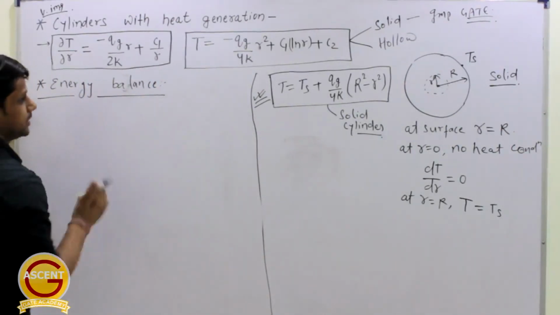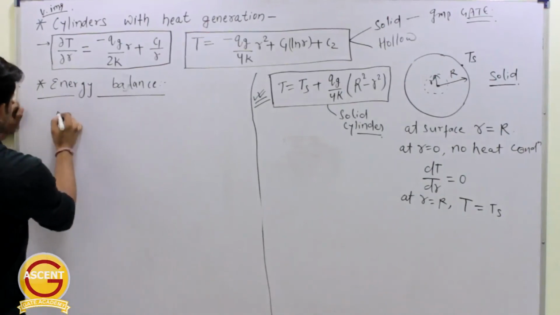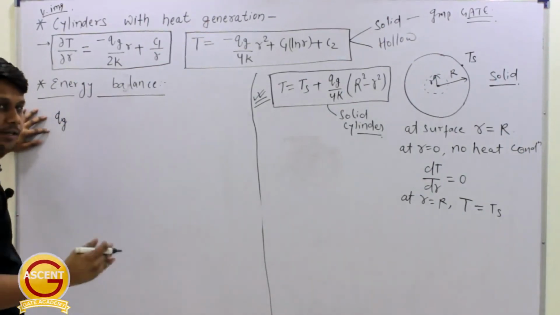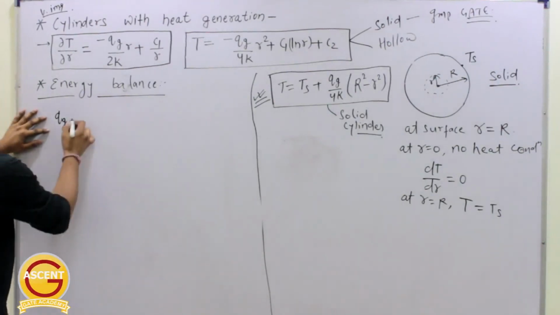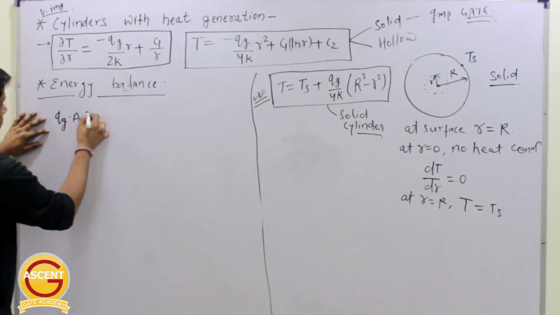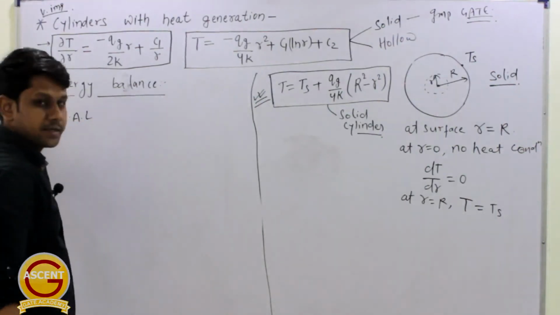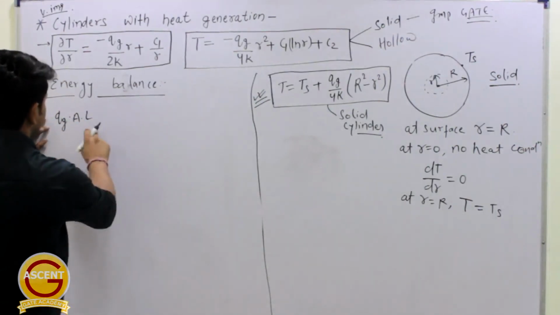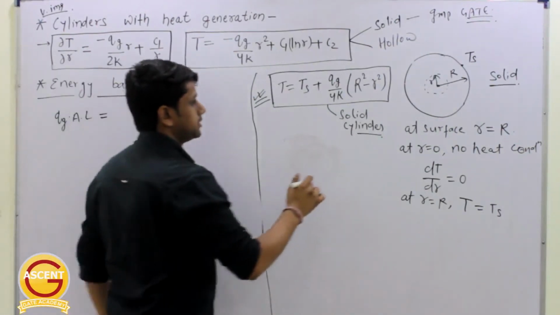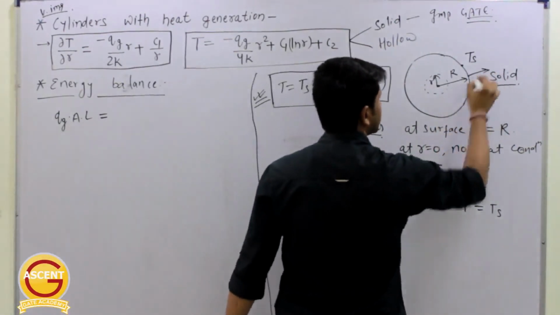So what will be the heat generated in this case? It will be Qg, the heat generated per unit volume, multiplied by volume, so it will be into area into the length of the cylinder, right? So Qg into area into L equal to, let's say this heat gets dissipated from the outer surface by conduction.